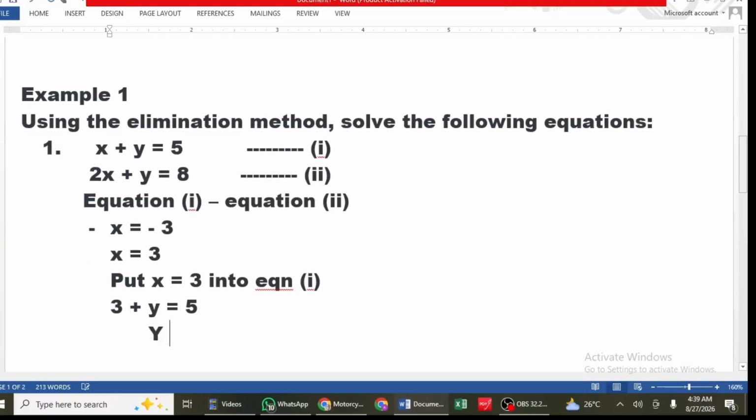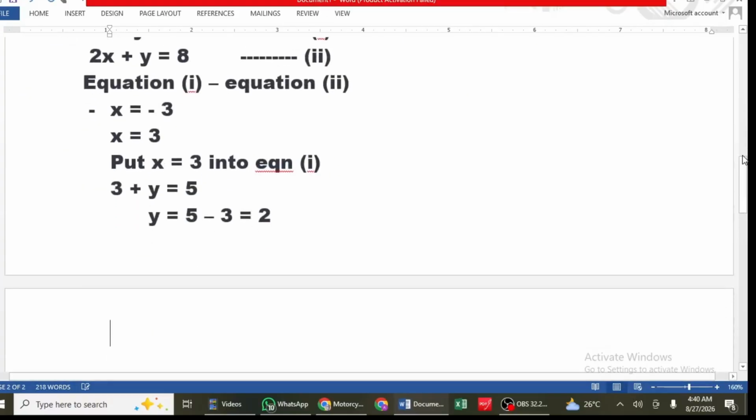Then y is equal to 5 minus 3, and 5 minus 3 will give us 2. Therefore, the values of x and y will be x is 3, then y is 2. This is how to solve simultaneous linear equations using the elimination method.